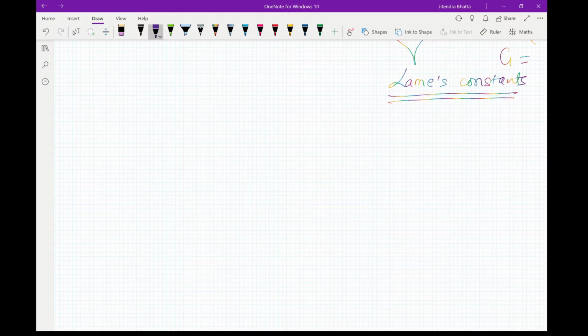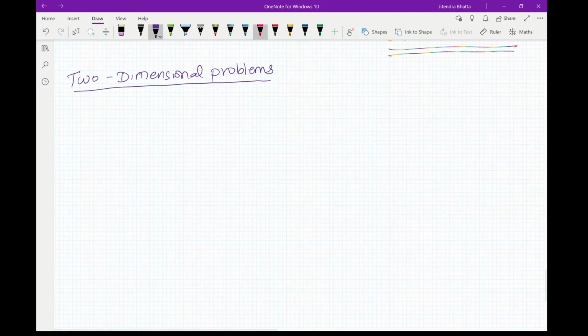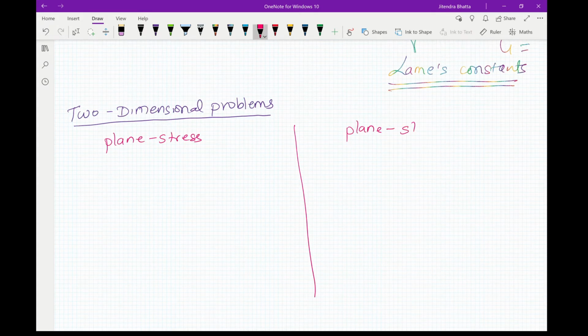Now let's move into another section, two-dimensional problems, in which we'll discuss plane stress and plane strain elements.